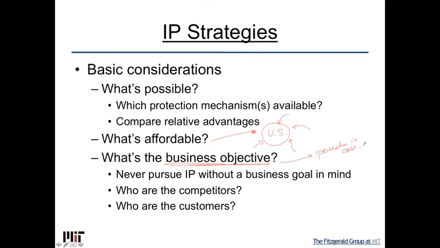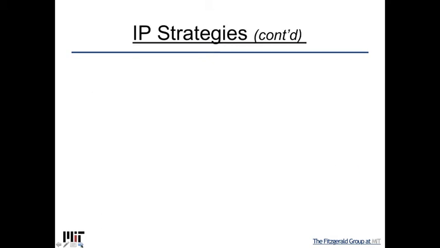Then after circumstances arrived, it became the business model. So there's an example of a business objective that changed. And IP was important for both cases. In the first case, protection in case of a rainy day, and then when the rainy day happened, the only thing that the company could contribute was the business model of an IP company. And so therefore you have to think about the competitors and the customers, decide where they are, and how to lay out your strategy.